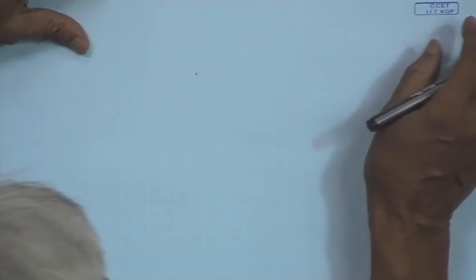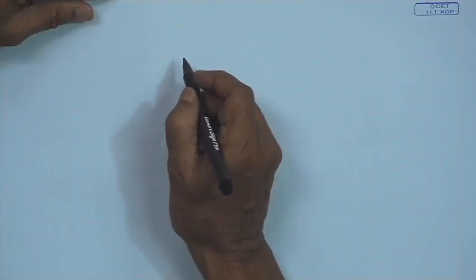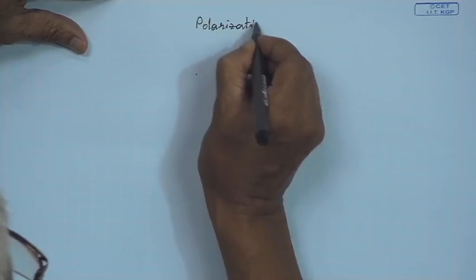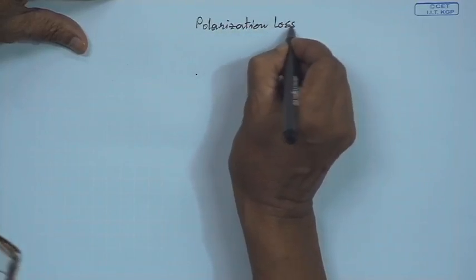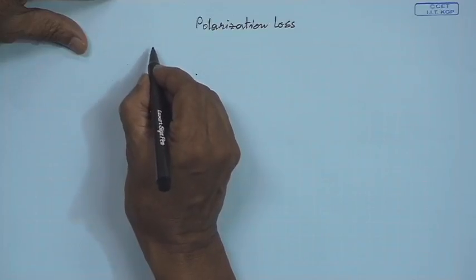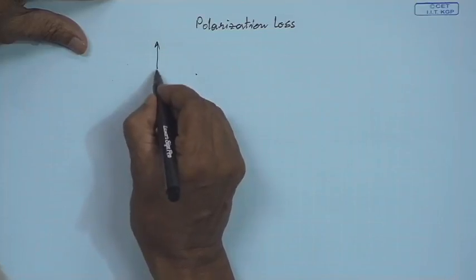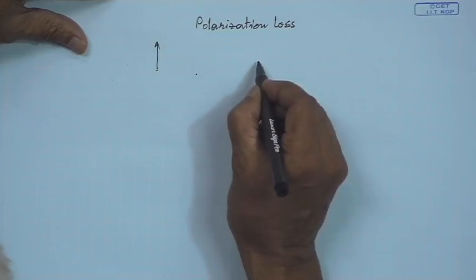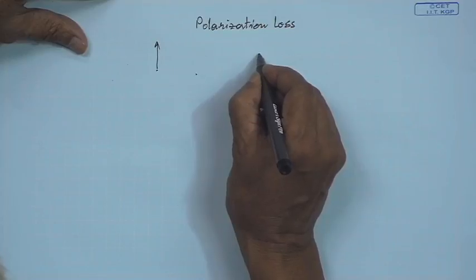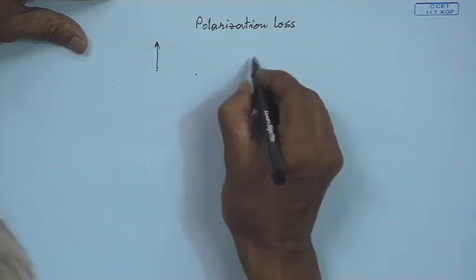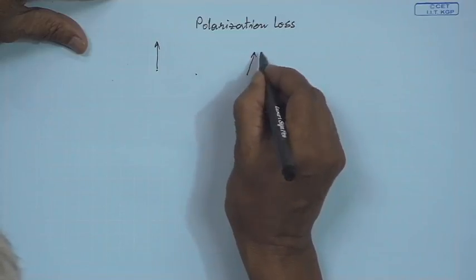What are the other losses that can come? We have very briefly talked about something called polarization. So, there is a polarization loss, that is, if there is a transmit polarization, the transmitter E field vector, let us say it is vertically polarized, and the receive antenna polarization is not properly adjusted, it may have certain angle.